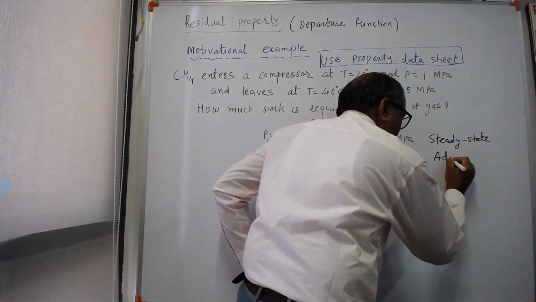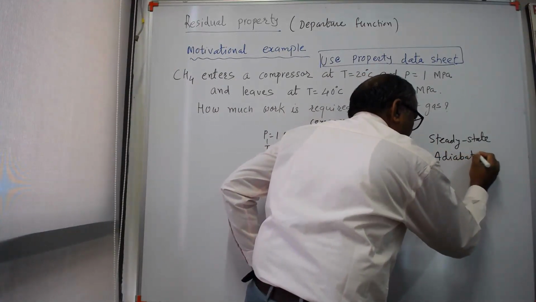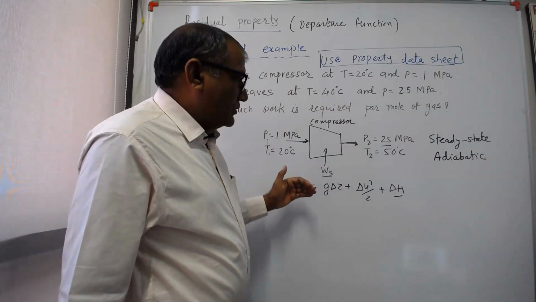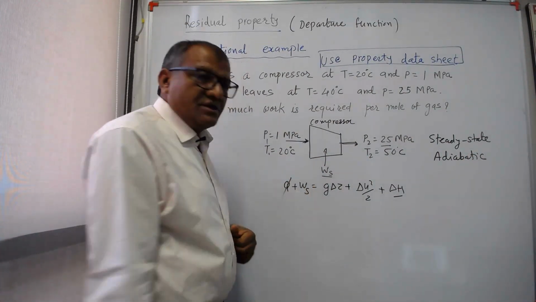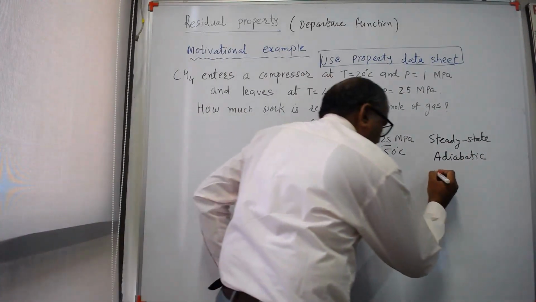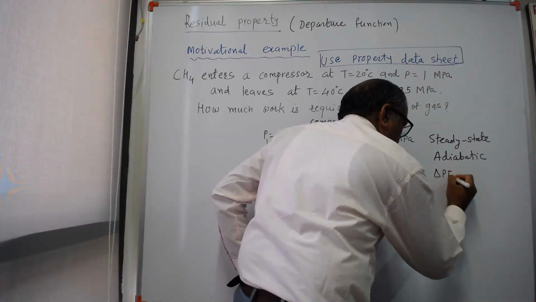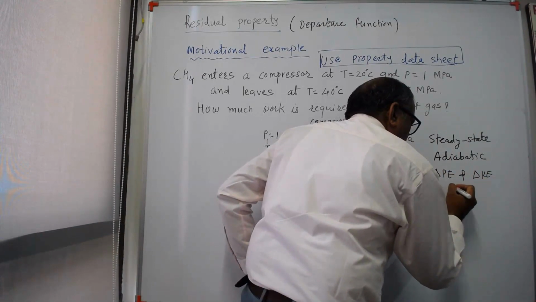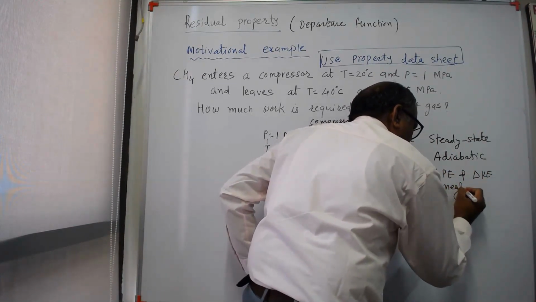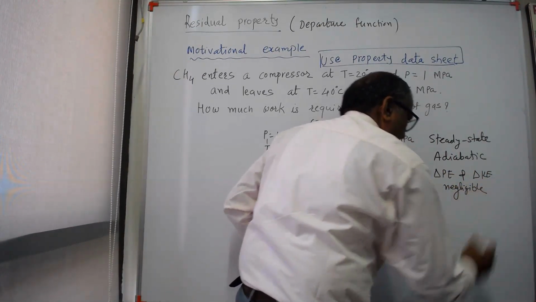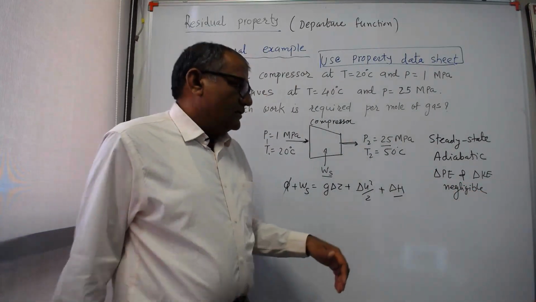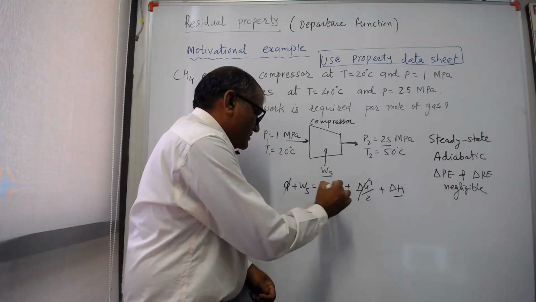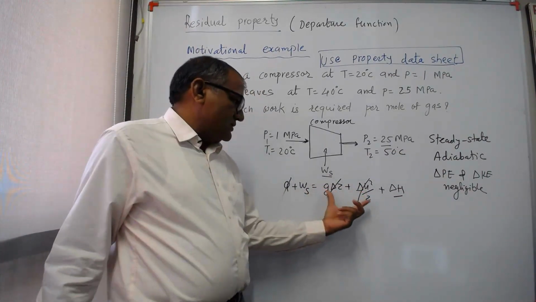The other assumption is adiabatic compression, meaning that there is no heat loss or heat rejection. And the third assumption is that potential energy change and kinetic energy change are negligible. So with these changes in this equation, I am going to cancel these two terms.